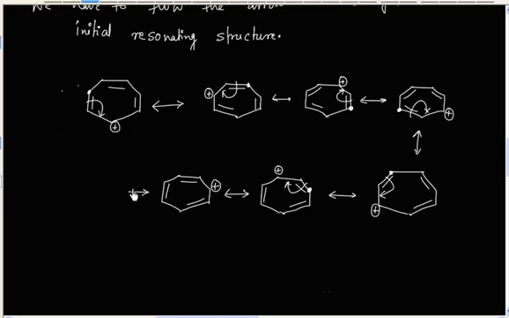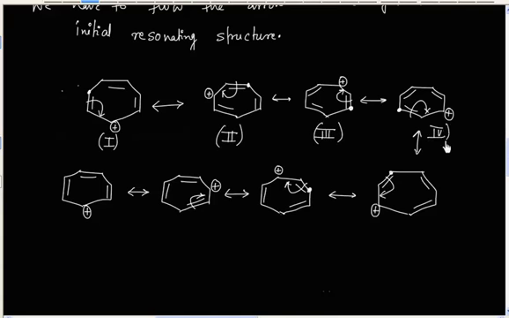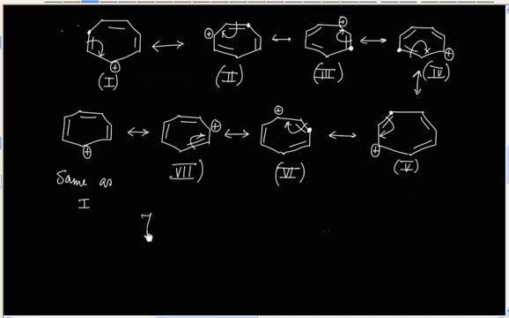If I try more, I can shift this double bond here, and this is same as resonating structure 1. So let us call this as 1, 2, and this one is 6, and this is 7, and this is same as 1. So for this case, we are having 7 resonating structures. That is possible.